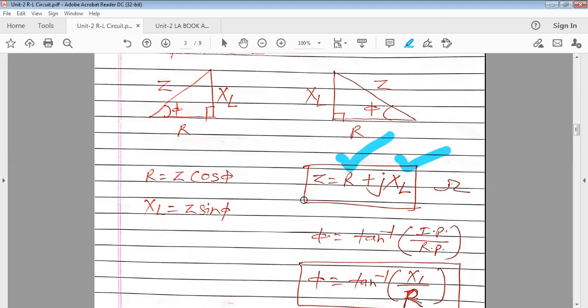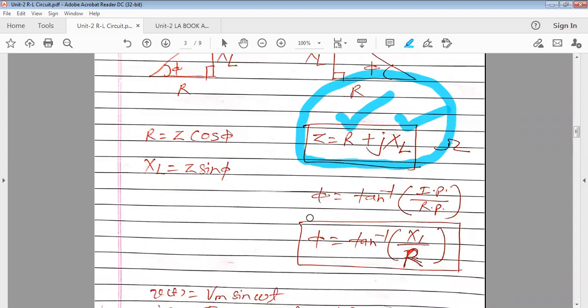Means for series RL, Z, if you observe, real part and imaginary part both are positive. So whatever phi you calculate using the formula tan inverse of imaginary part upon real part, you will get positive or negative always for series RL? Always positive, because for Z, its imaginary part and real part always are positive for series RL. So phi also will be always positive.